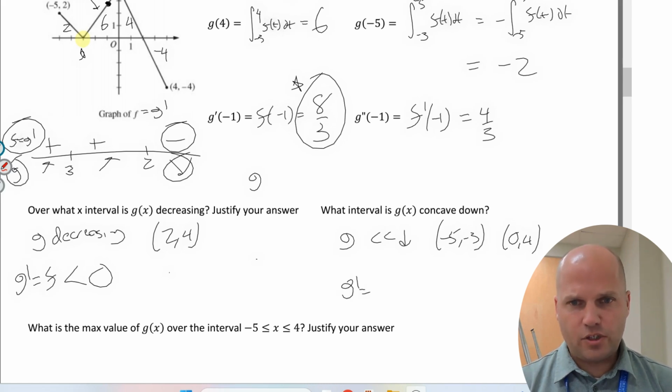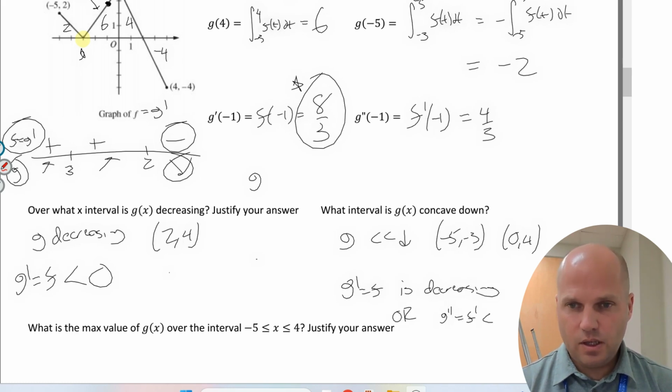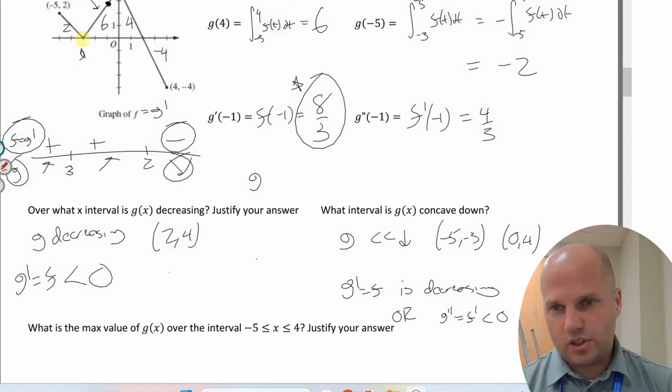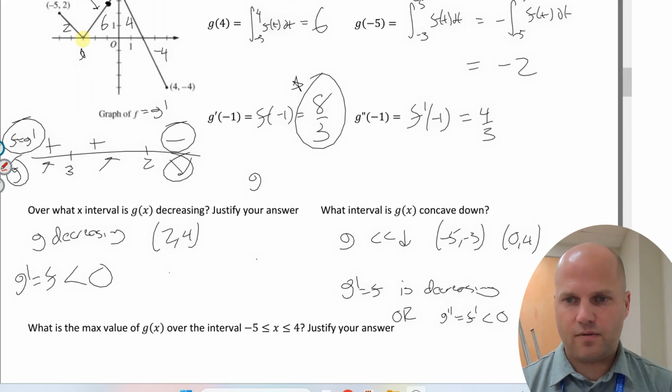Here g prime, which equals f, is decreasing. Or you could say g double prime, which equals f prime, is negative, which is the same as the slopes of g prime, which equals f, are negative.